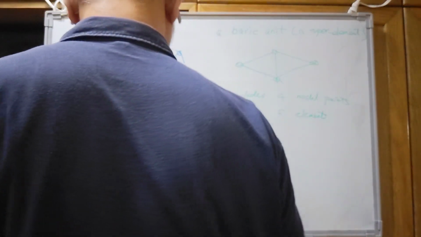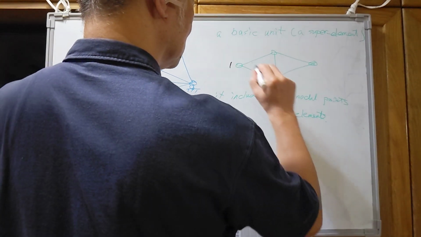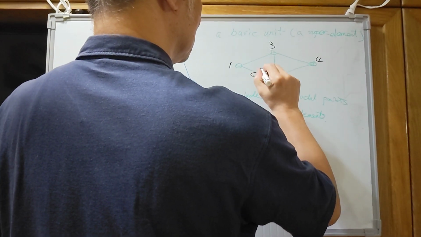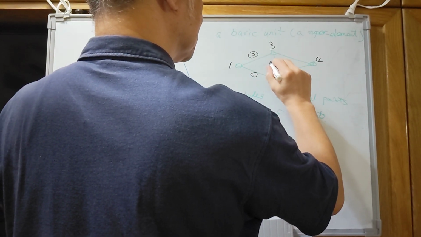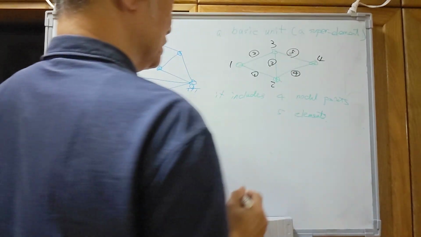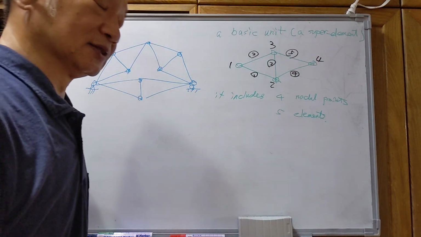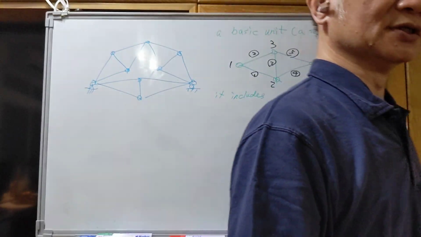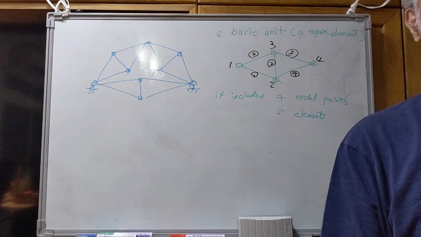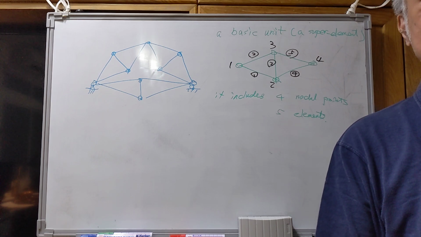Okay, so for these structures, we need four joints and five elements, and the five elements are plane truss elements. For the plane truss elements, you need a 4x4 element stiffness matrix.